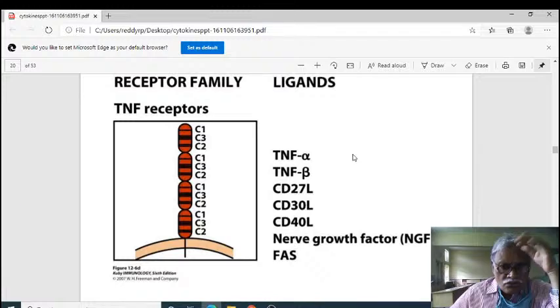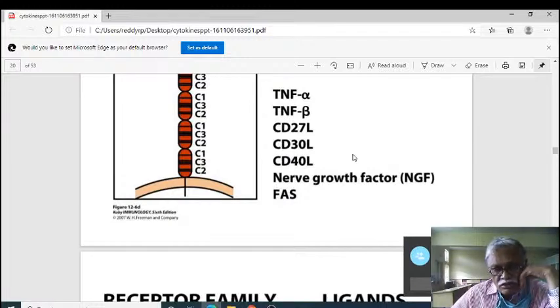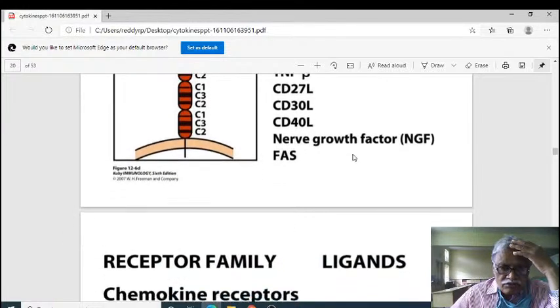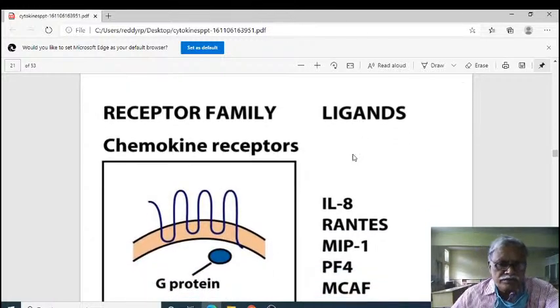They are all located on a cell. They have ligands tumor necrosis factor alpha, beta, and CD27L, CD30L, CD40L, and outgrowth factor, and FAS ligands.